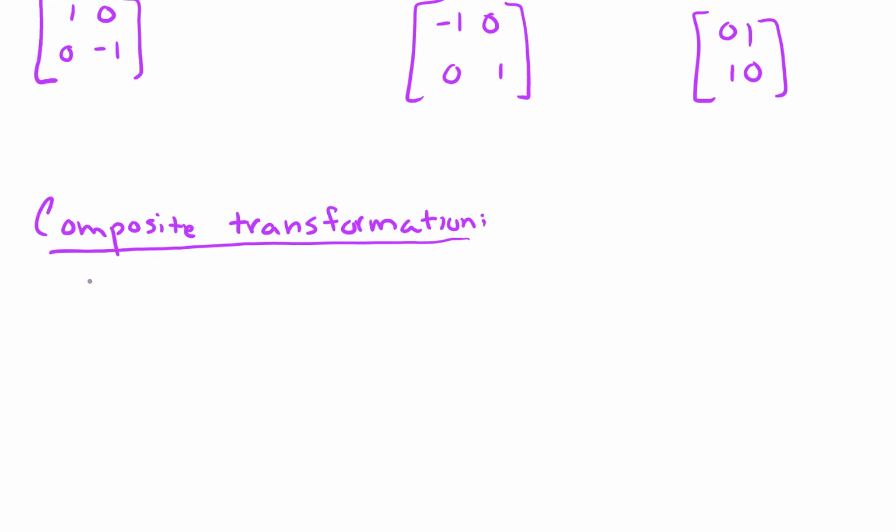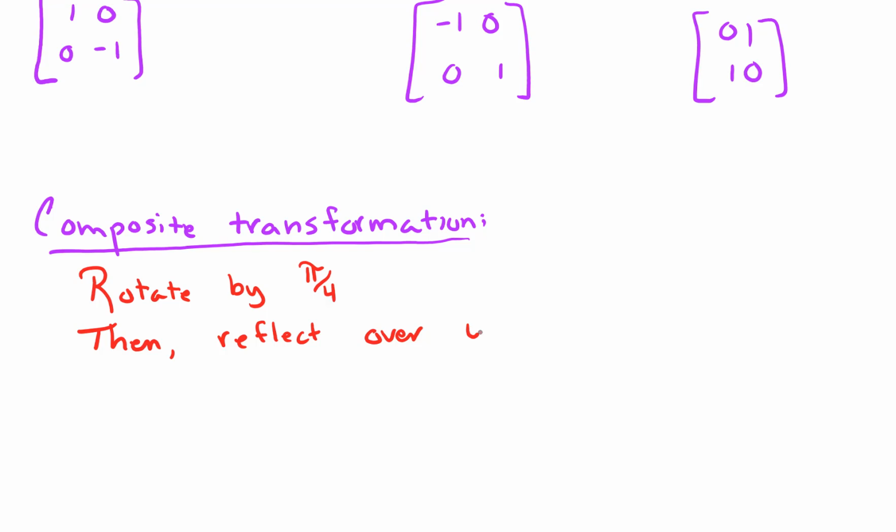Suppose we want to do number 1, rotate by pi over 4, and then after that reflect over y equals x. And we'll do this on the unit square.